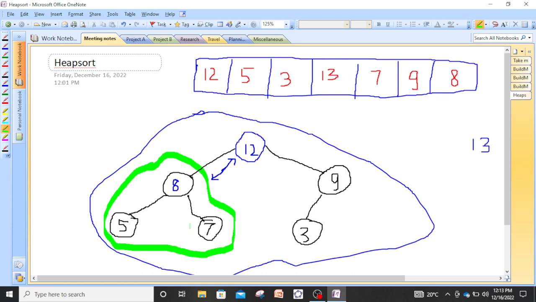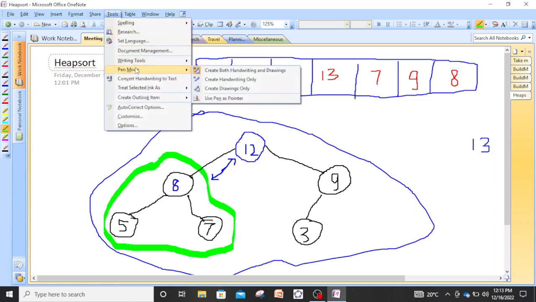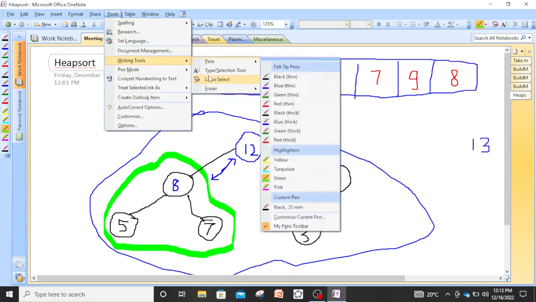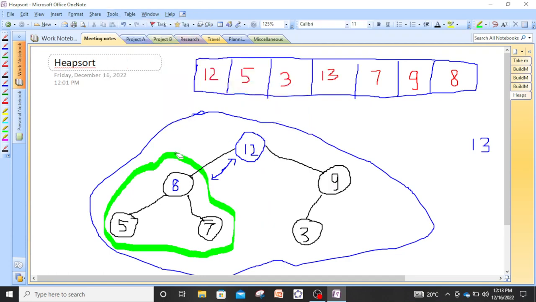So there is no work to be done inside this green enclosure, so I remove this green enclosure now. So we say that our root node 12 has been max heapified.